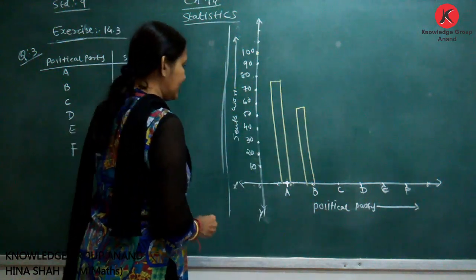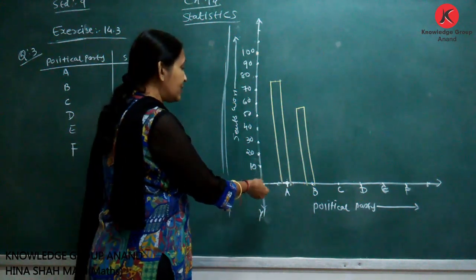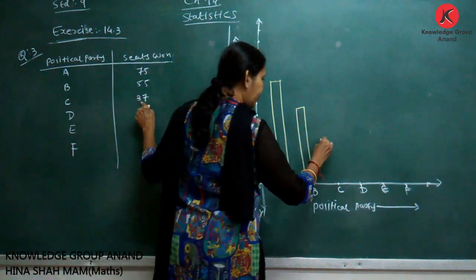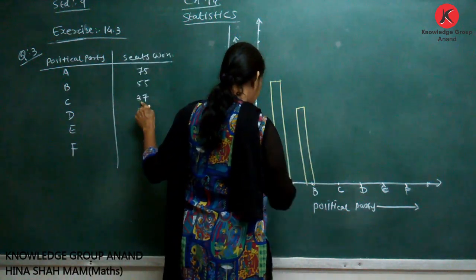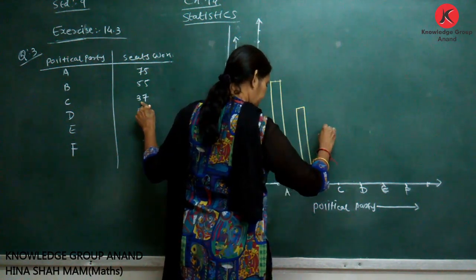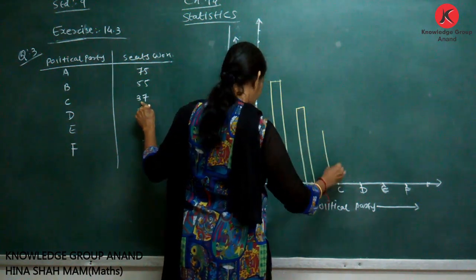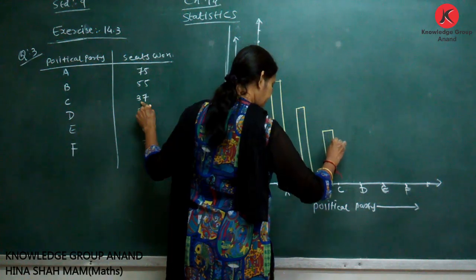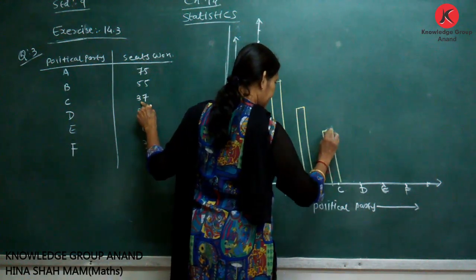Party C 37, between 30 and 40, about 7 blocks in your graph book.